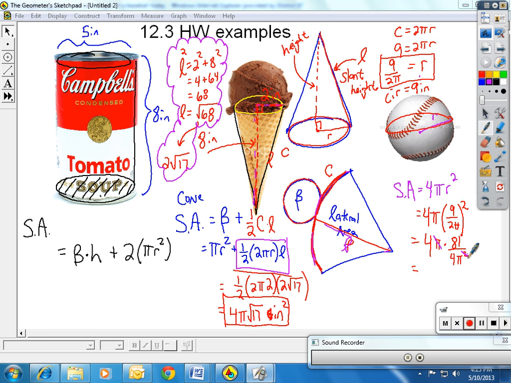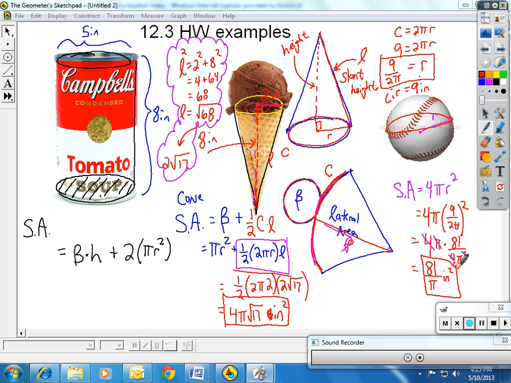I've got 4 up here, 4 will cancel with that 4. And I'm going to be left with 81 over pi inches squared. So that is how much cowhide or leather goes on a baseball. 81 divided by pi inches squared.